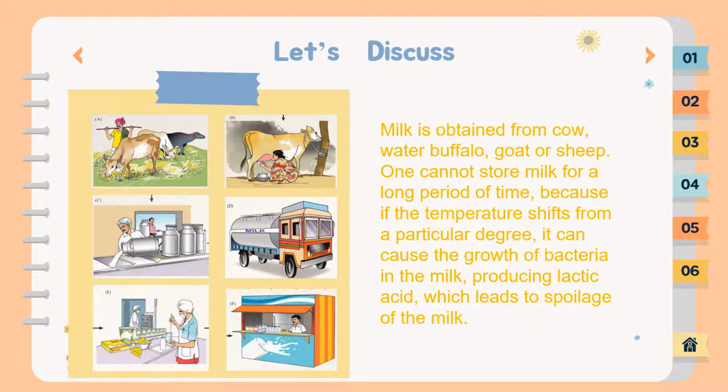Who inspects these products to test their quality? Well, a food inspector, a person with special skills and expertise, inspects these products. What does the shopkeeper do with these products?